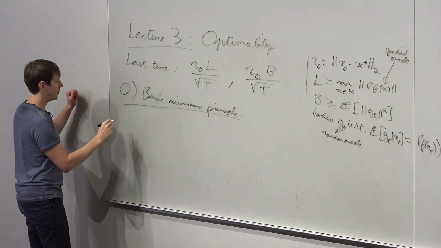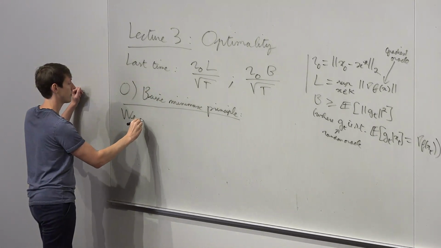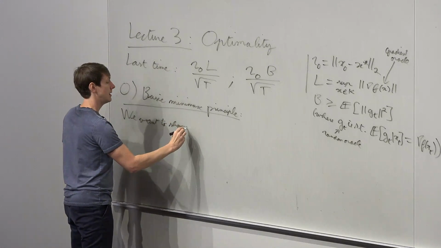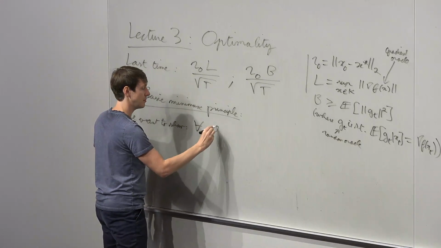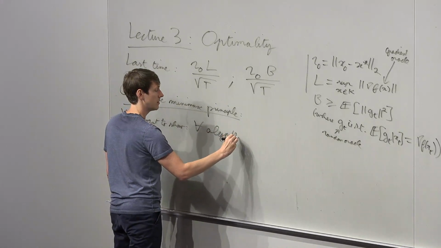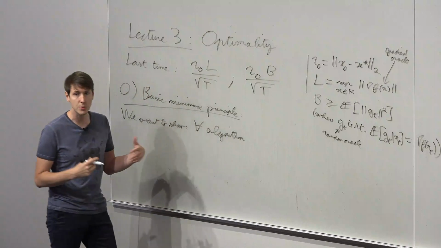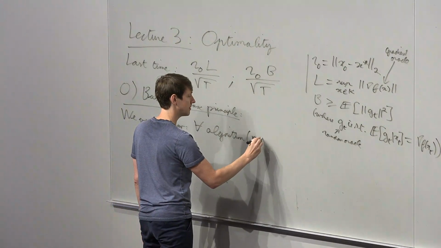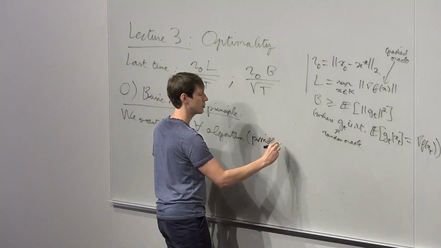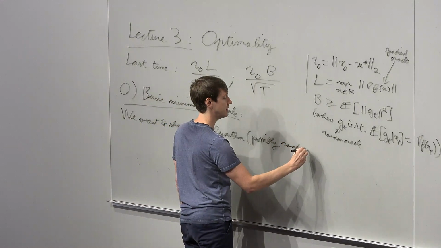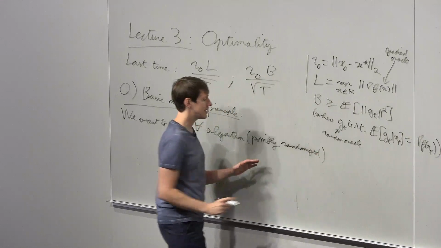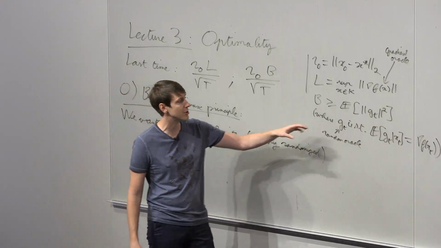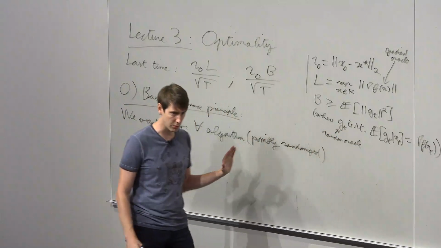So what do we want to show? We want to show that for any algorithm, possibly randomized, since we don't want to exclude the use of randomization, maybe it's making some random queries. Also note that so far we didn't use randomization. Our algorithms are deterministic. The only possible randomness is in this oracle, which we do not control.